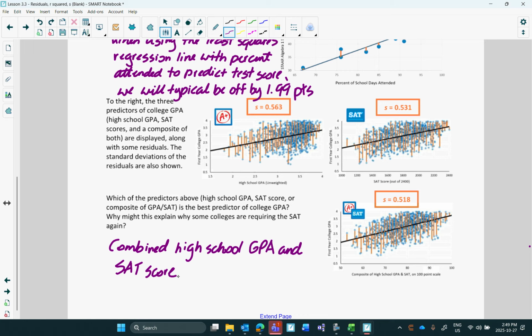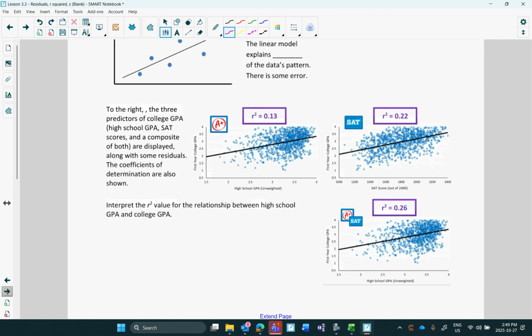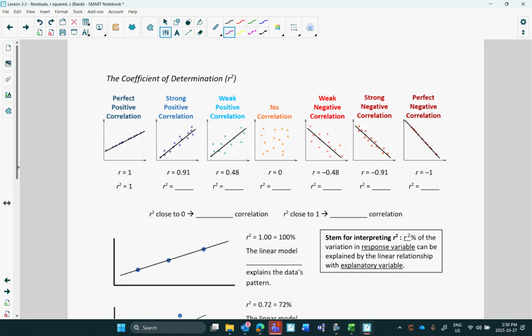The other way we can measure how good a line is, and what the best line is from a choice, is something called the coefficient of determination, or in other words, R squared. And yes, that's related to R. We did this when we first started this unit, when we talked about correlation and the correlation coefficient.